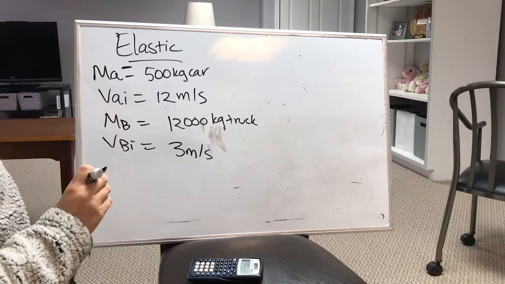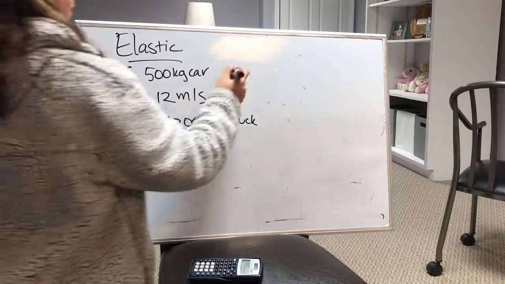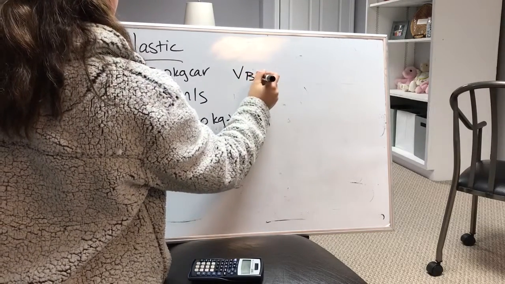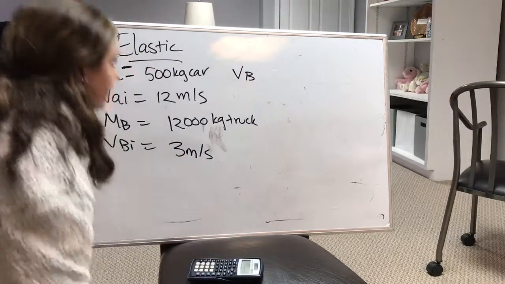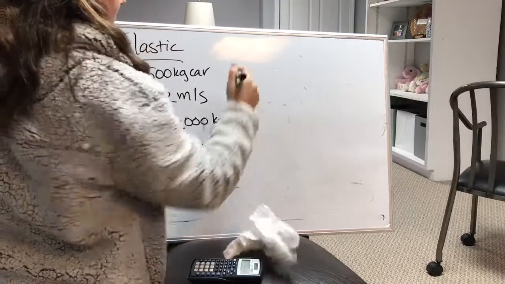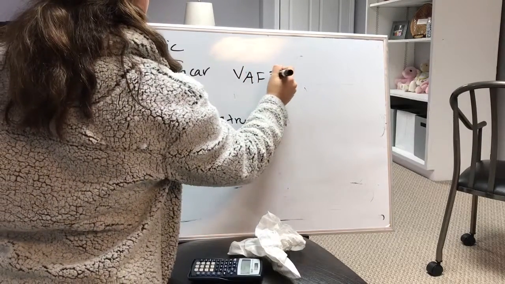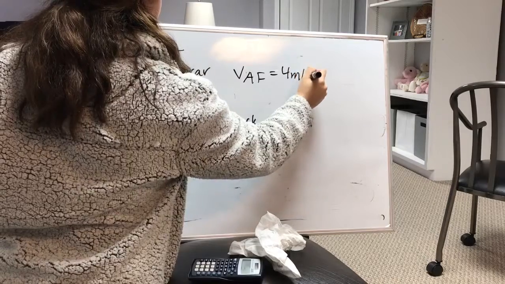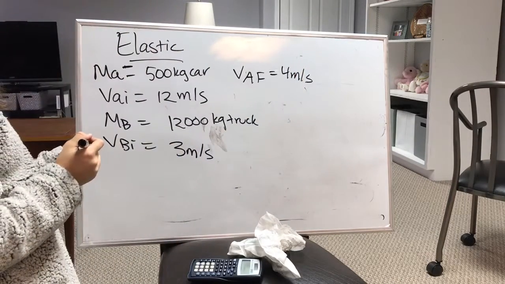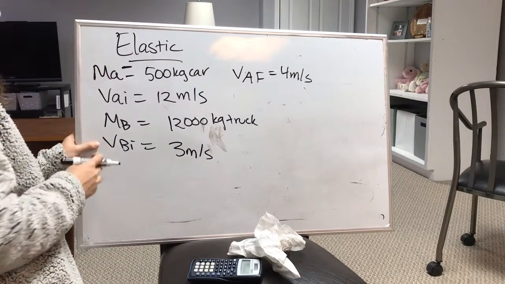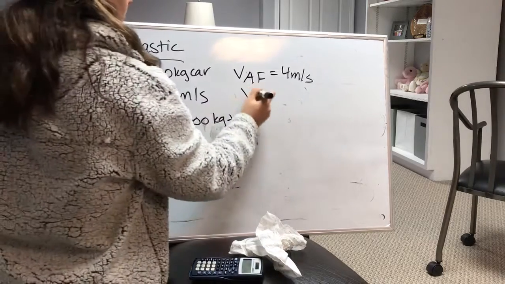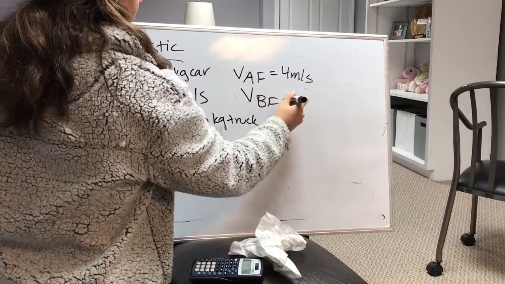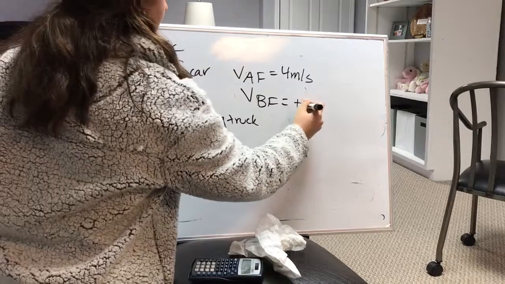After the collision, the car is traveling 4 meters per second. We want to know what the truck is traveling after the collision. We need to find the final velocity of the truck.